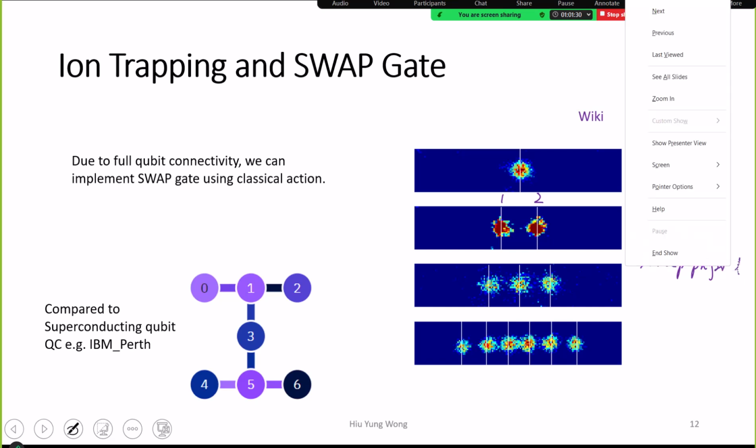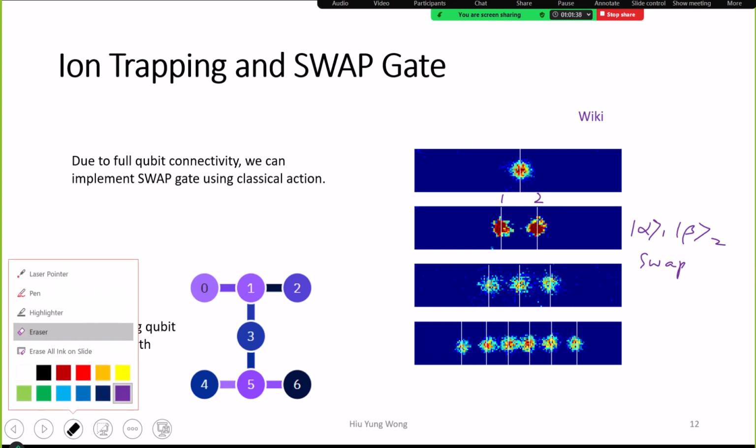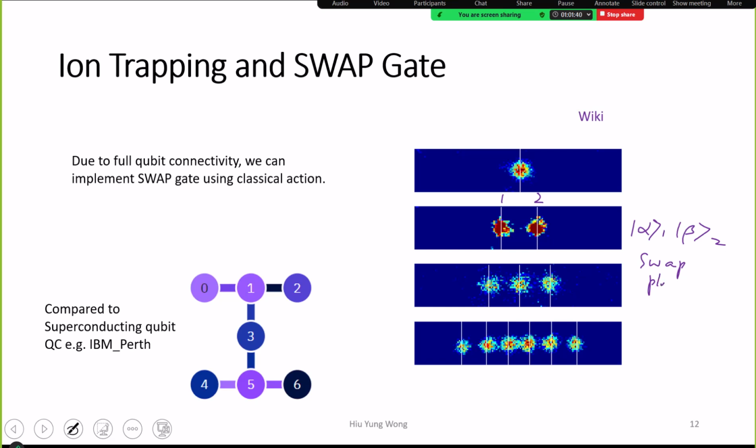And what is the meaning of the first qubit or most significant qubit? It just depends on how I count them, right? The one on the right, now put it on the left, then of course it's called 1. And the one on the left, now put on the right, is 2, but they keep the state. One is still alpha, one is still beta, right? Then you can do the swap gate.